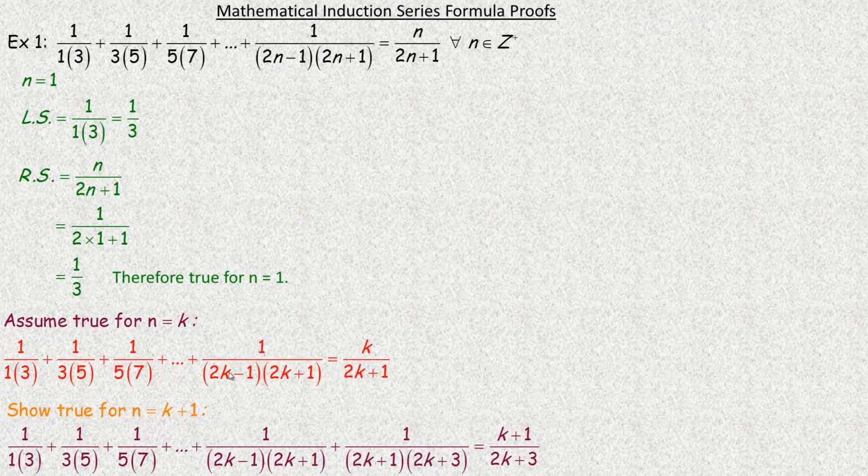So that's why this is k here. This is k here. Instead of n over 2n plus 1, it's k over 2k plus 1. So we're going to assume that this is the sum of this series, and show that no matter what integer k is, that's always going to be true for the very next case. See, we're assuming it's true for k. We're going to show that no matter what k is, it's always true for the next number.